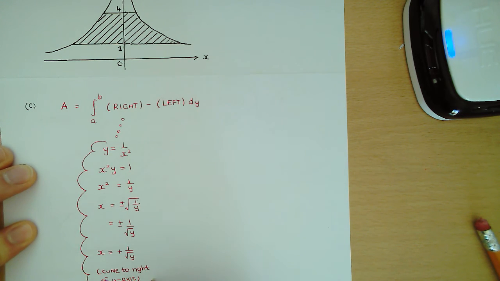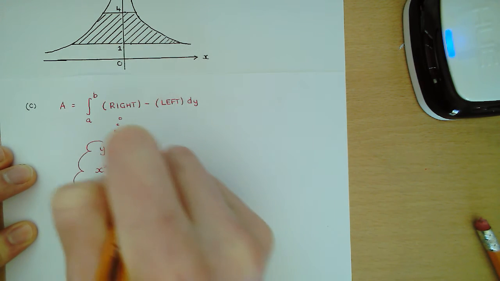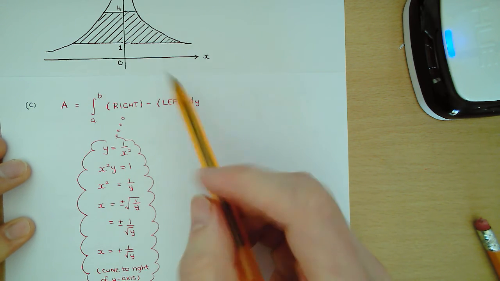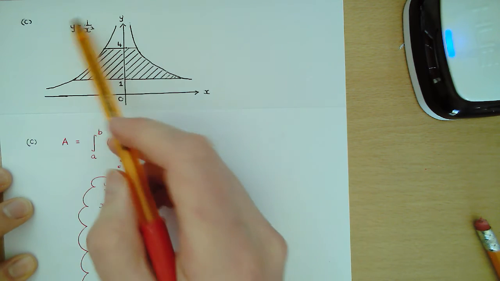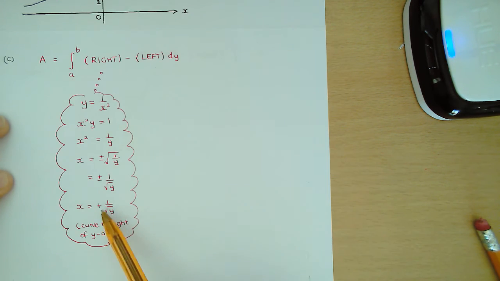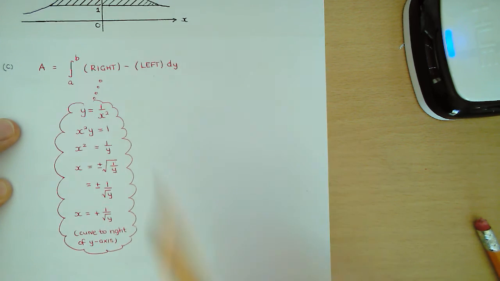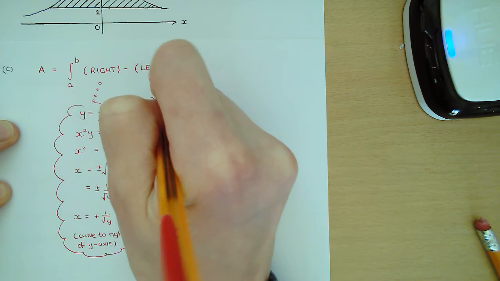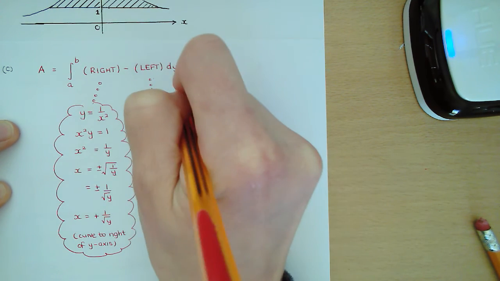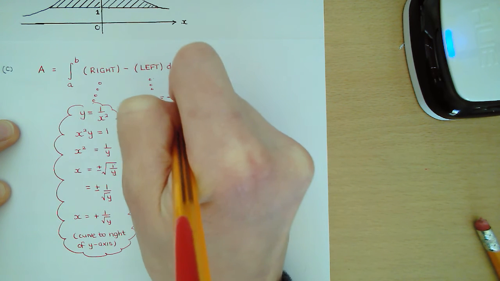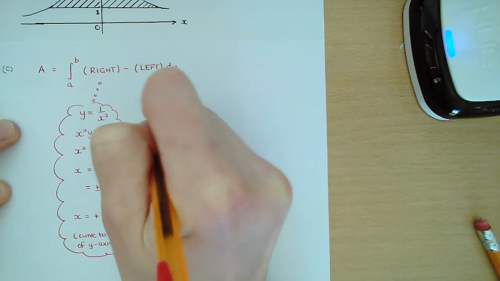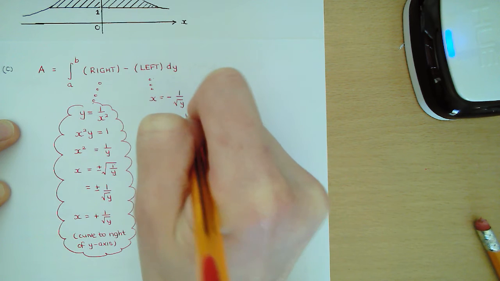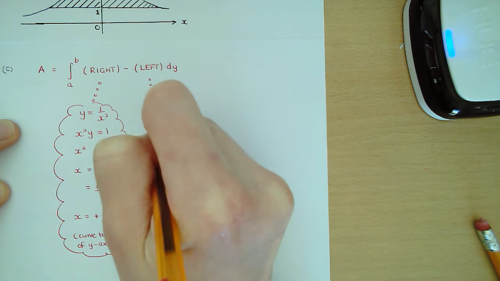Now the good news is, because we've done so much work there, we now know what the curve is to the left, because we're rearranging the same curve as we had before, but this time we're going to use the negative square root. So the curve to the left, we're going to use x equals negative 1 over the square root of y. Again, that curve is to the left of the y-axis.